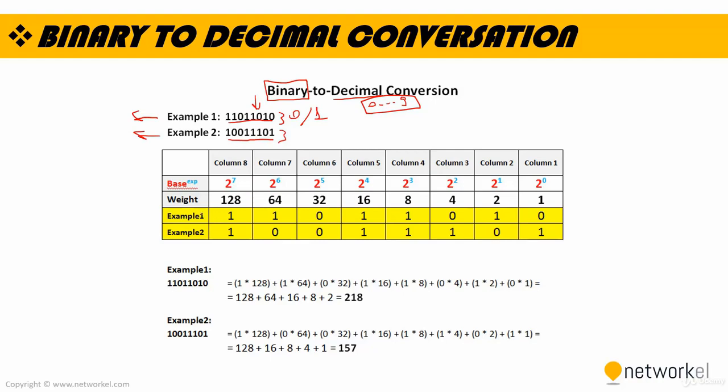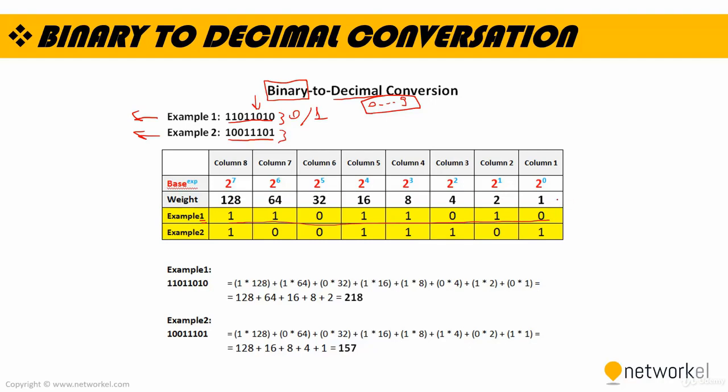If I want to convert this binary value to decimal, what I'm doing is writing 2 to the power 0, 2 to the power 1, 2 to the power 2, 2 to the power 3, 4, 5, 6, and 7. And I'm calculating these numbers. 2 to the power 7 is 128, 64, 32, 16, 8, 4, 2, and 1.